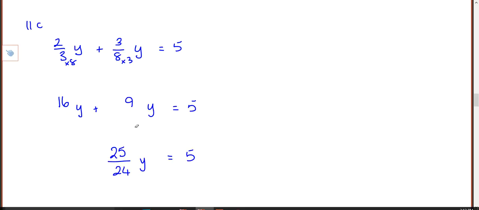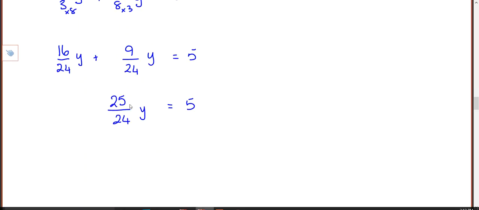It's 16 y's add 9 y's is 25 y's, but I've actually not got 16 and 9. I've got 16/24 and 9/24. So in total I have 25/24 of y. Okay? Now what do we do? So we've got 25 divided by 24y.